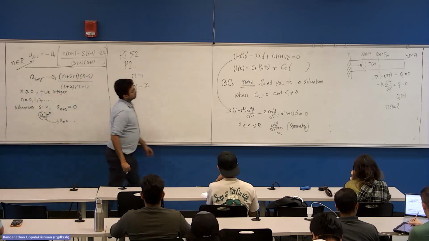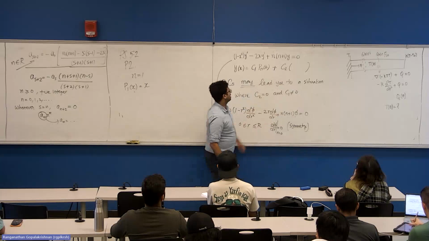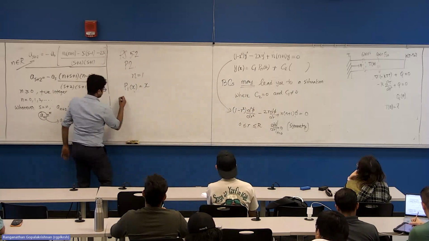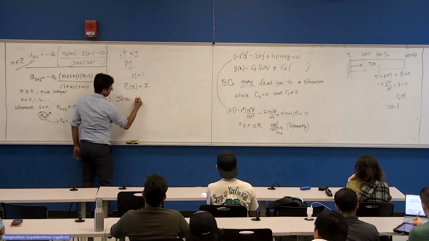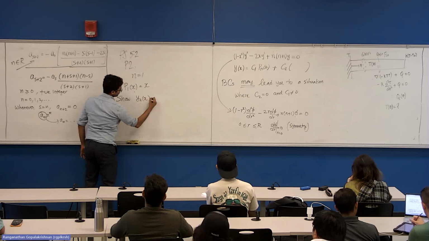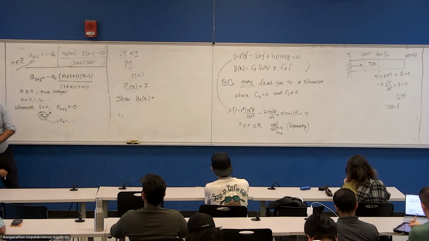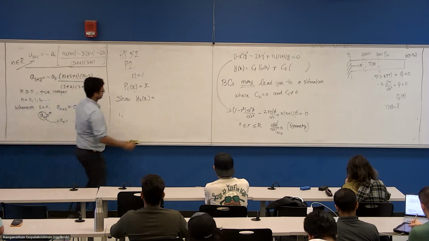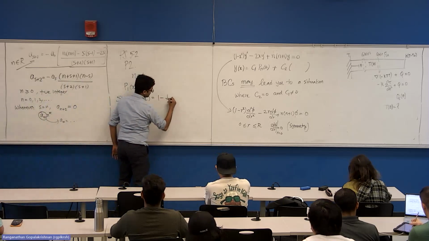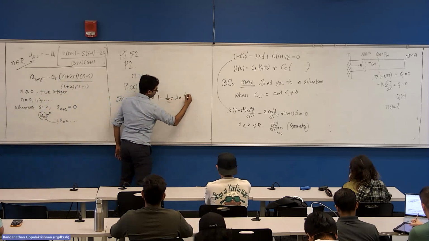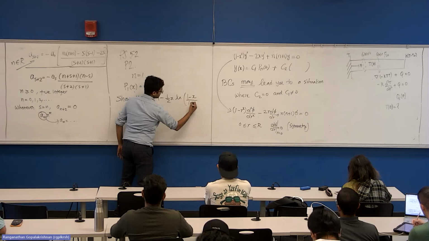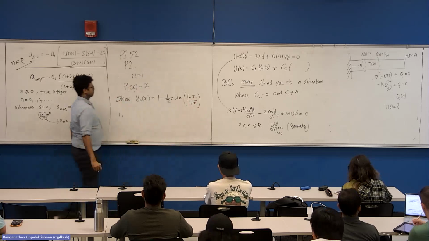I talked about the other infinite series, right? We are asked to show y2 of x equals 1 minus half x times natural log of (1 minus x) divided by (1 plus x).